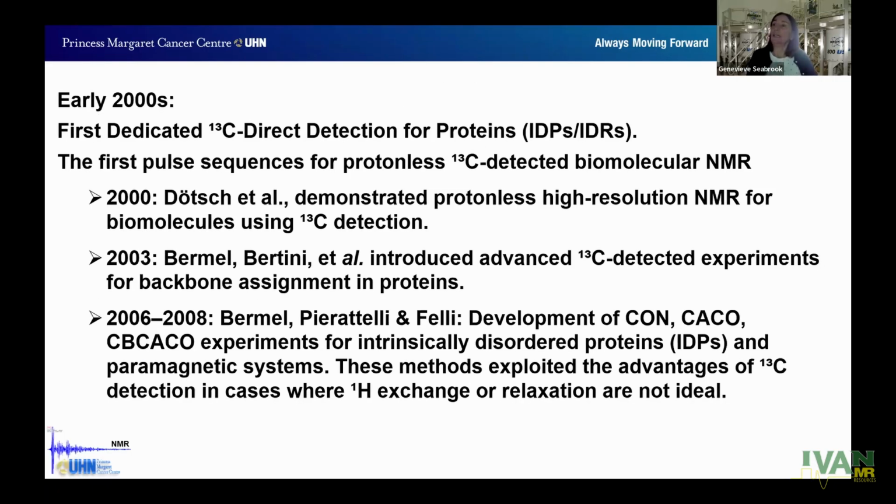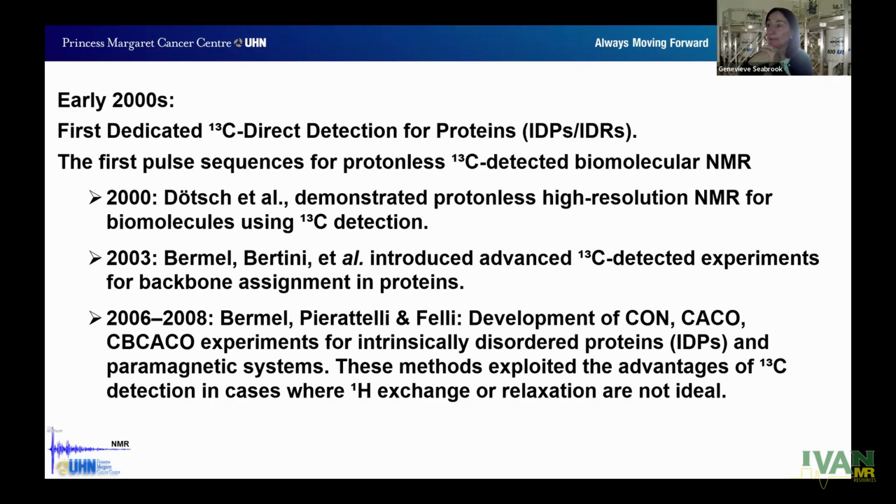But that's not it. In the early 2000s, the first dedicated C13 direct detection for proteins, mainly IDPs, IDRs, made its way. The pulse sequences for protonless carbon-detected biomolecular NMR made their way into the libraries of the publications. Dötsch in 2000 and others demonstrated protonless high-resolution NMR for biomolecules using C13.